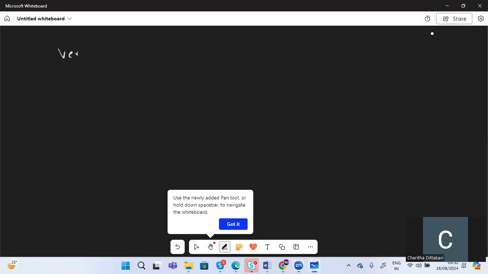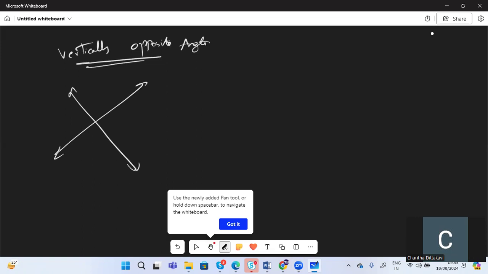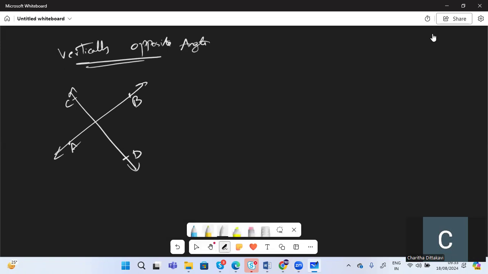Now there is the other set of angles called vertically opposite angles. Vertically opposite angles in the sense, suppose you have two lines crossing each other this way. This is your AB and CD. Both of them are crossing each other. There are four angles formed.